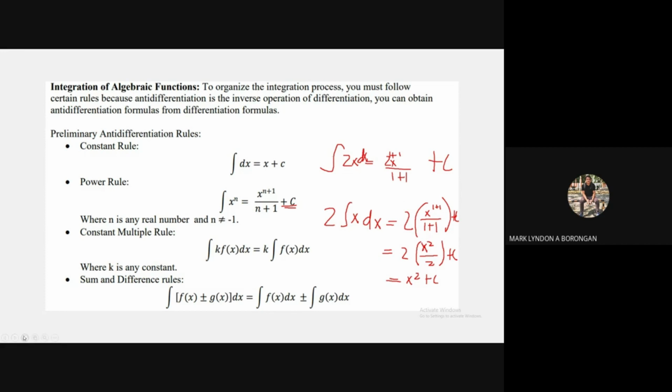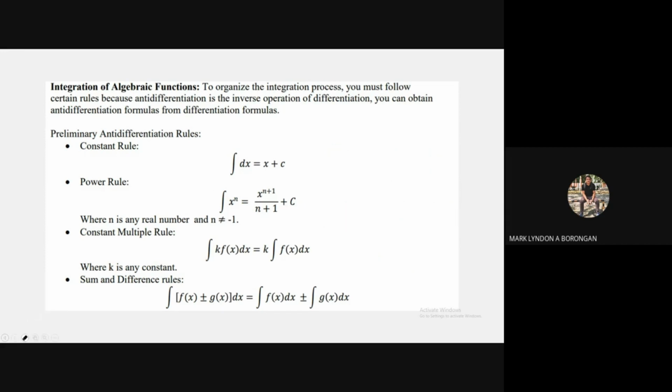For example, the integral of 4x squared plus 3x. Applying the sum and difference rules, you can write it as the integral of 4x squared dx plus the integral of 3x.